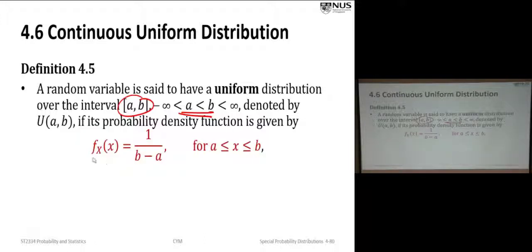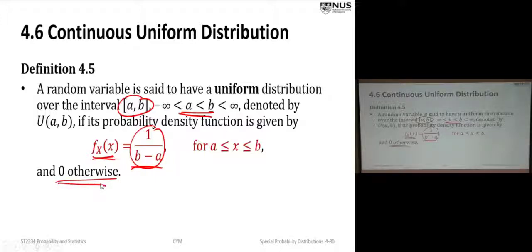So you can see that the density function is equal to 1 over b minus a, which does not involve any x. No matter what x you give, the probability density function will be the same, so long as x is between a and b. Beyond that, it's 0 otherwise.